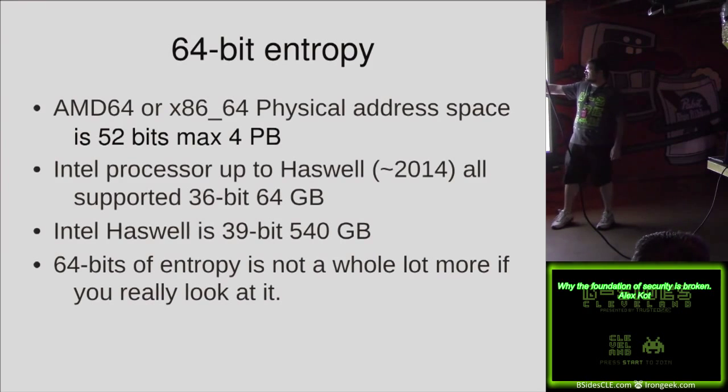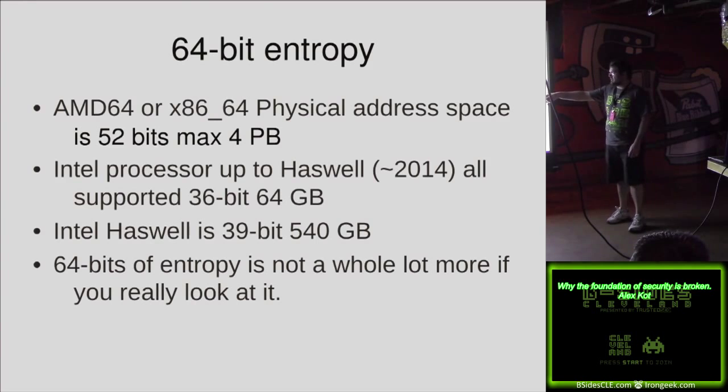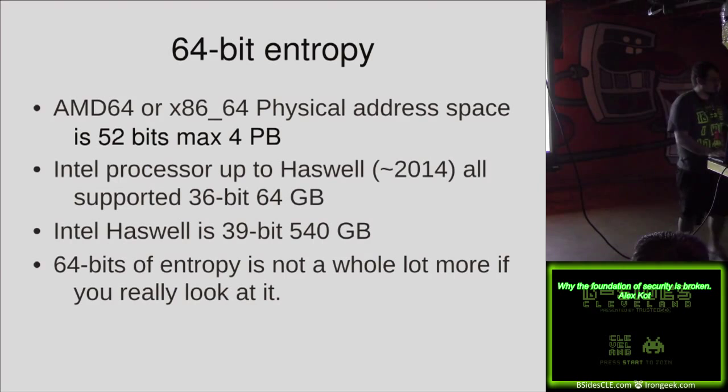Your Intel processors, like your Core 2 and i-series, up to Haswell, so up to like 2014, are 32-bit physical memory address spacing. That's 64 gigs of RAM that you have guessing games with. Then you also have your Intel Haswell, which is basically 39 bits, so you've got a little bit more entropy. AMD, I think, does have a bit more, but really 64-bit entropy is not as much as you want on the guessing games.